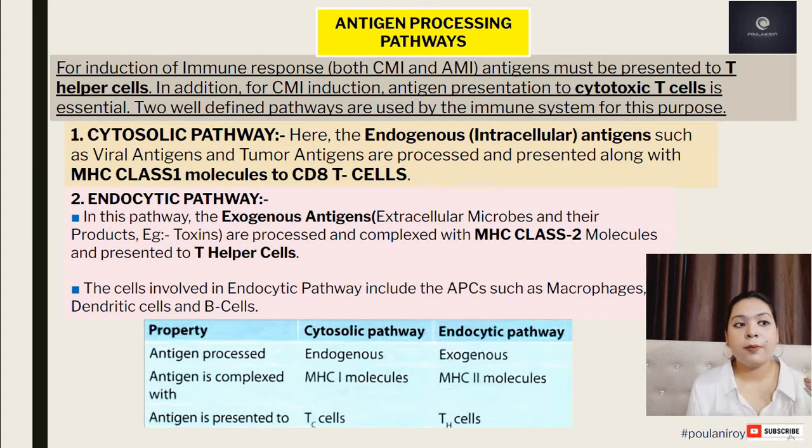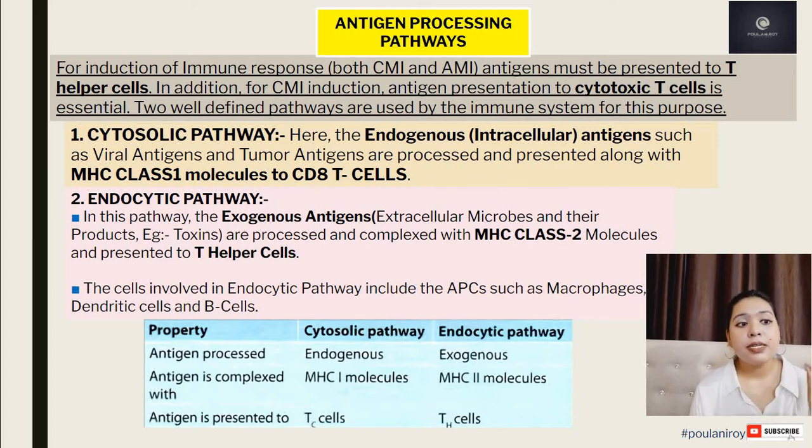The endocytic pathway includes your macrophages, dendritic cells, and the B cells. But when the MHC class 1 is working, when the class 1 molecule is going and attaching to the CD8 T cell, that time the cytosolic pathway is occurring.